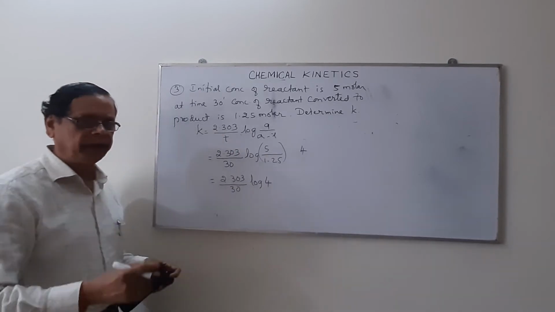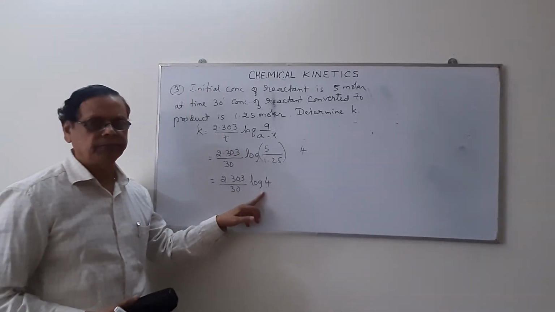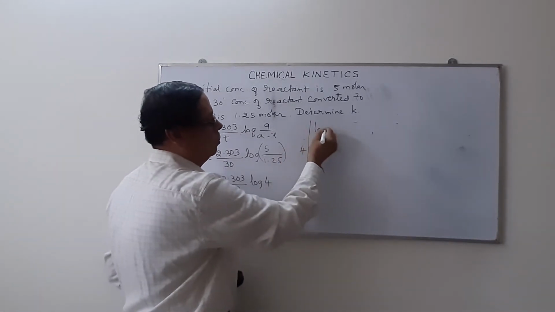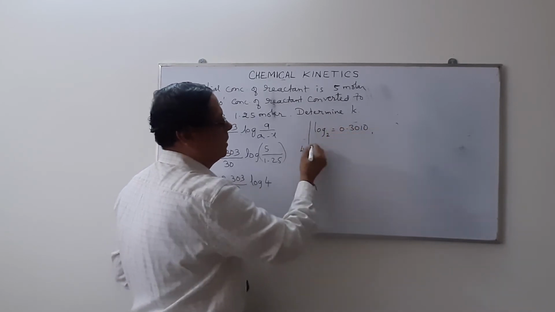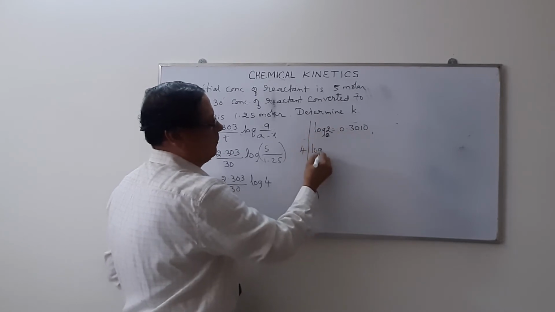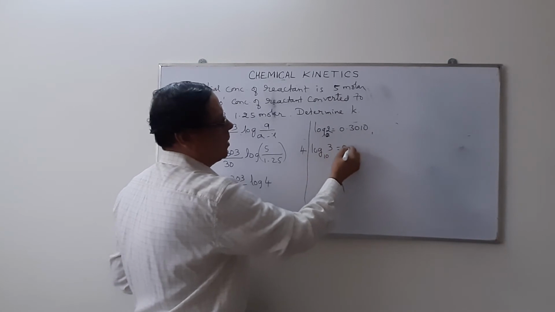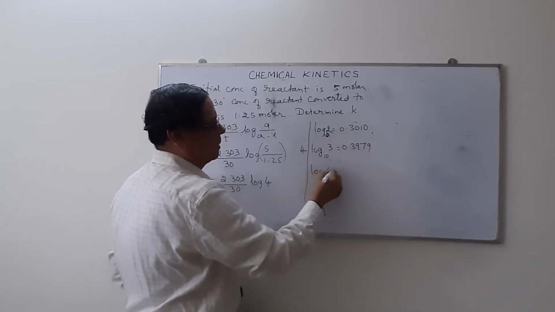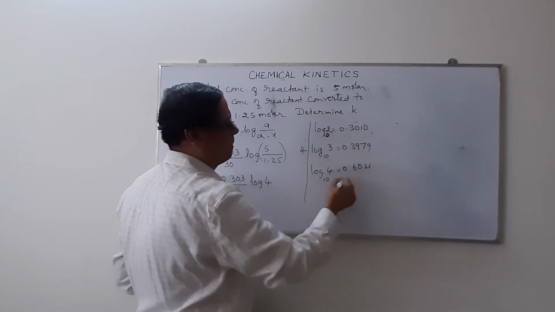You are supposed to remember some of the logarithms, especially for the competitive examinations. I'll just write some logarithms. Log of 2 to the base 10 is 0.3010. Log 3 to the base 10 is 0.4771. Log 4 to the base 10 is 0.6021.